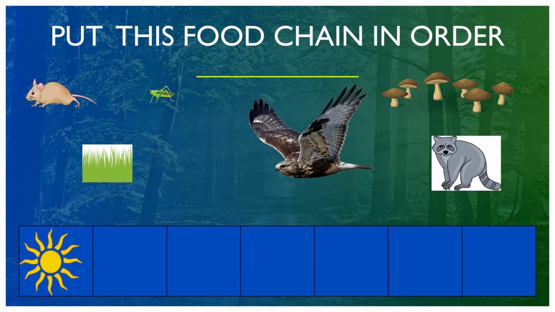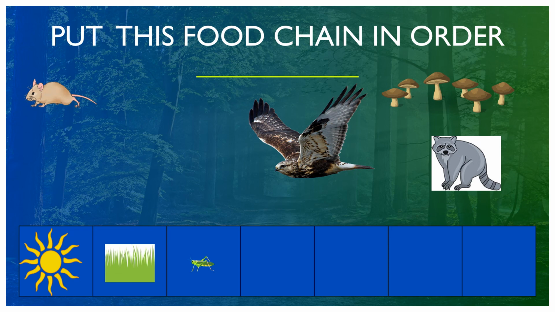What is next? If you said grass, that's correct. It uses the sun to produce its own food. What comes next? The grasshopper is our first consumer that eats the producer, which is the grass. What comes after the grasshopper?